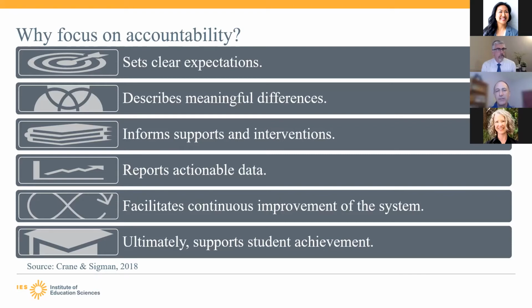It helps to have a different kind of conversation about the improvement of the system. Without the kinds of measures that come out of an accountability system, there's some risk that conversations can be vague and unspecified. And finally, and in part because of these five preceding things, accountability supports student achievement. Next slide.